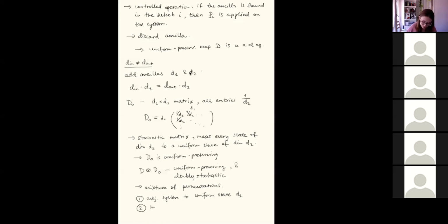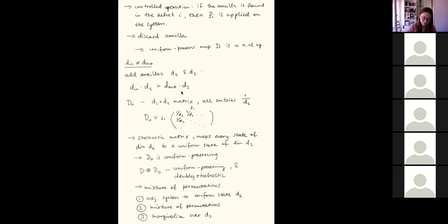Second, we apply the mixture of permutations, which is also an allowed noisy operation, as we've just shown in the case where d in equals d out. And third, we marginalize, or trace out, over the system of the dimension d2.